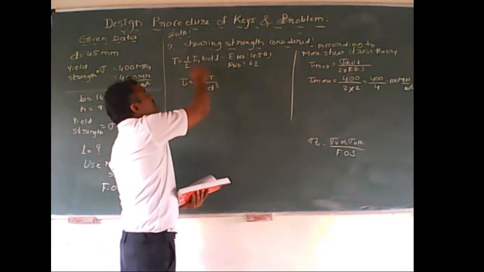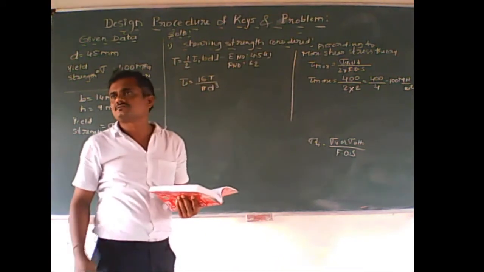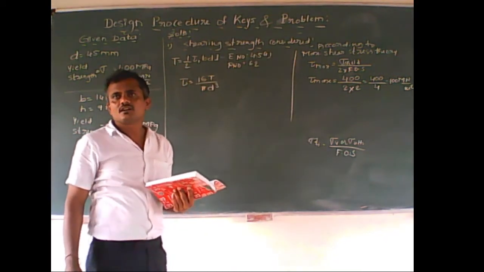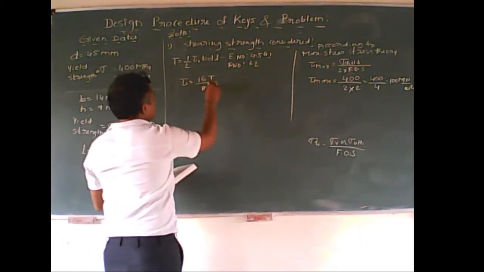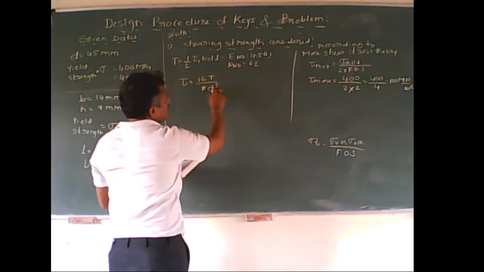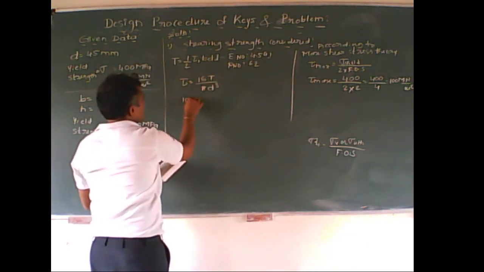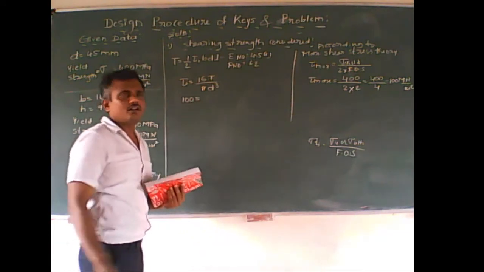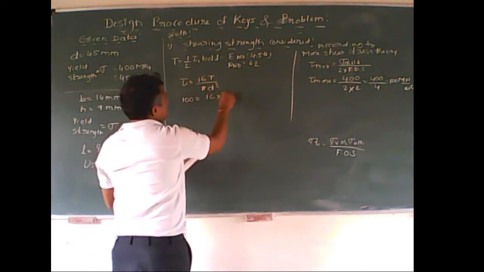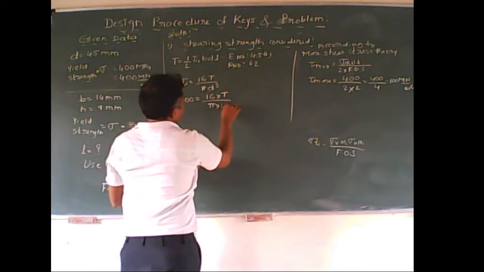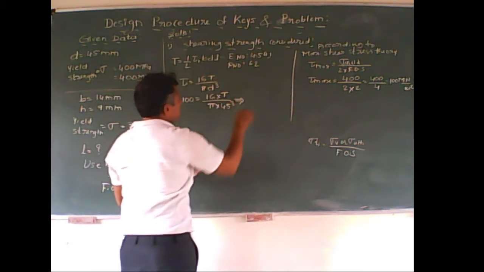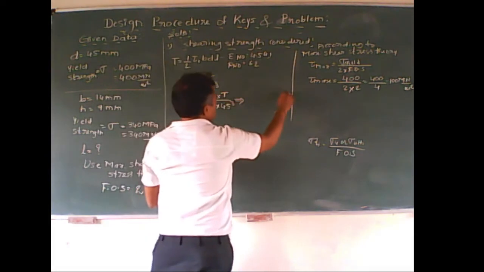This torque should be substituted here. Understood what I am saying? So substitute the values now. Tau I can take as 100. 16 into T divided by pi into d, which is 45 cube.